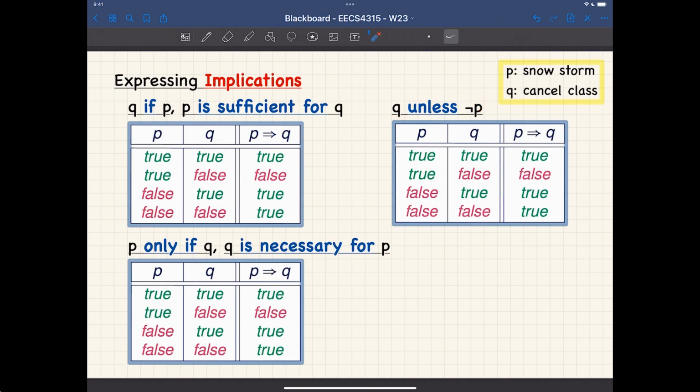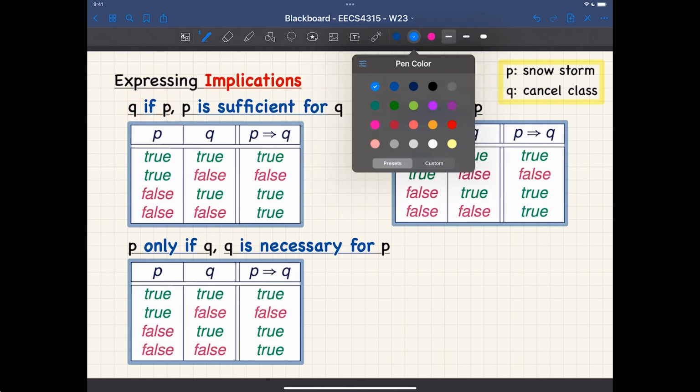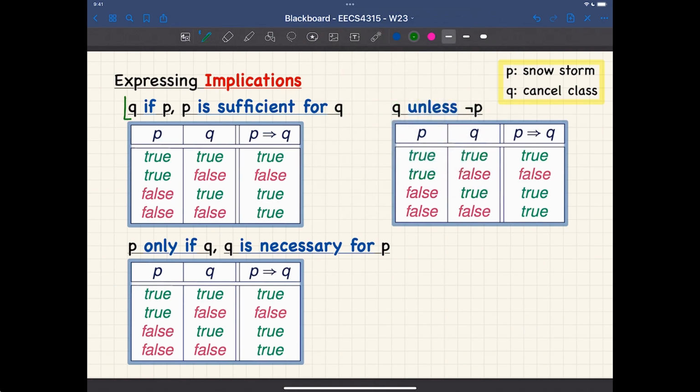Let's go over Q if P first. The way I would suggest you understand it is like this. Think about over here, this is specifying some causal relationship. To say, if P is the case, and then Q, right?